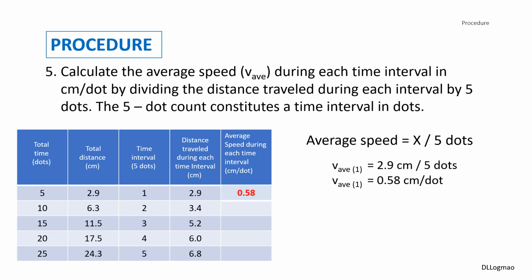Average velocity sub 2 is equal to 3.4 centimeters divided by 5 dots. The result is 0.68 centimeter per dot. Record in the table. Continue calculating the average speed for the rest of the time intervals.